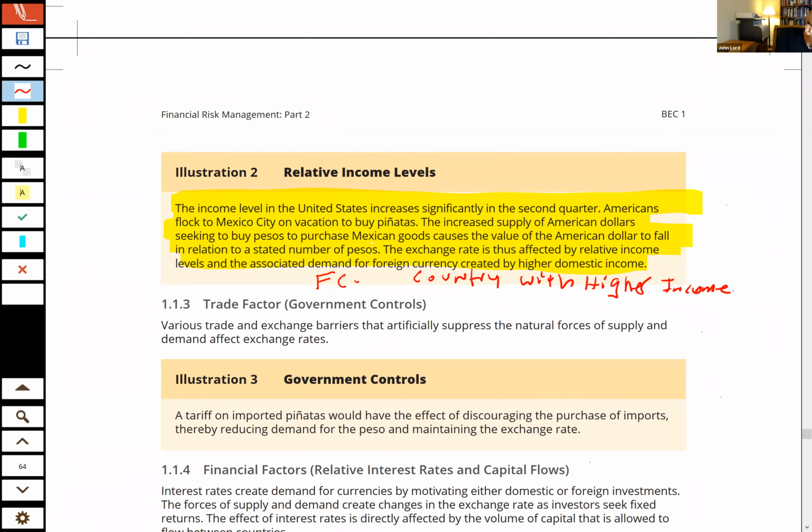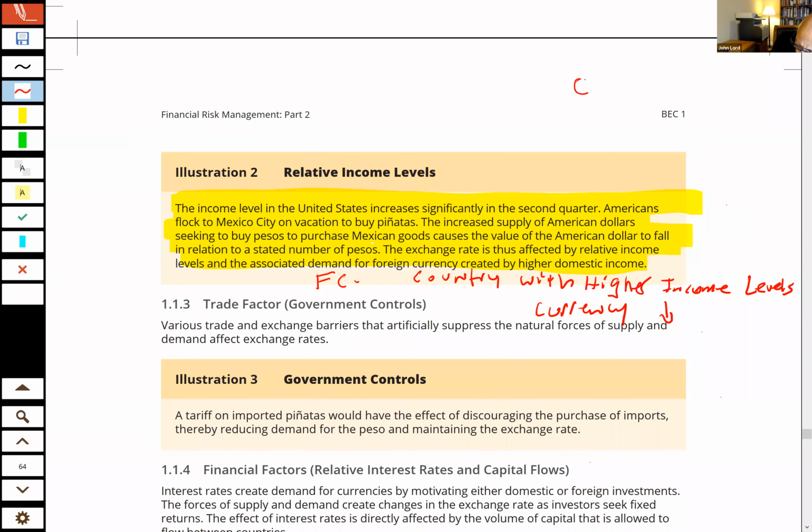The country with higher income levels is going to see their currency coming down.